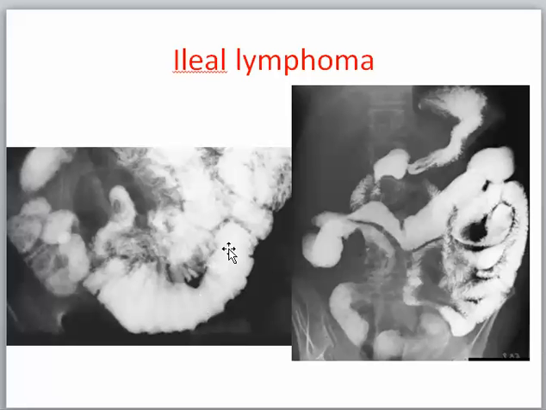So we expect dilatation, we expect nodulations, and we expect irregularity of the outline due to larger masses, and we expect lymph node enlargement. These are the components of lymphoma.